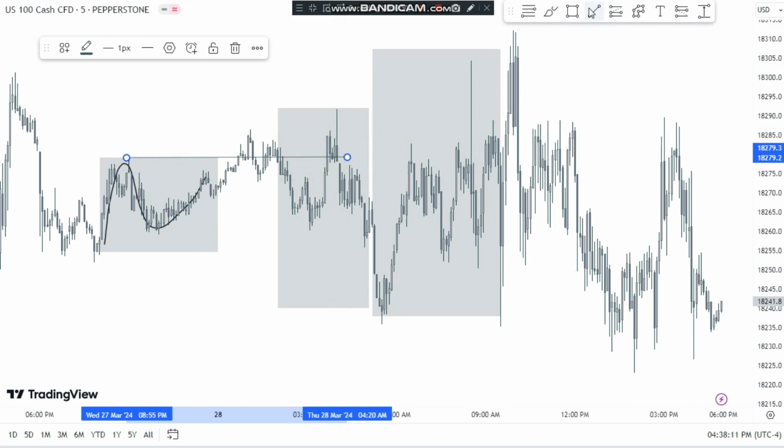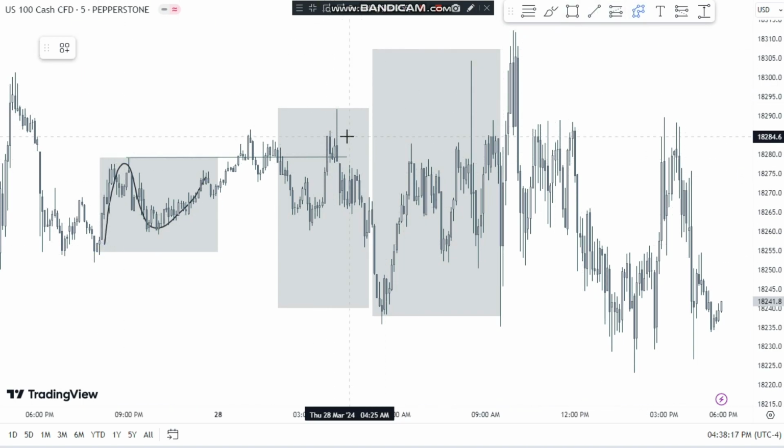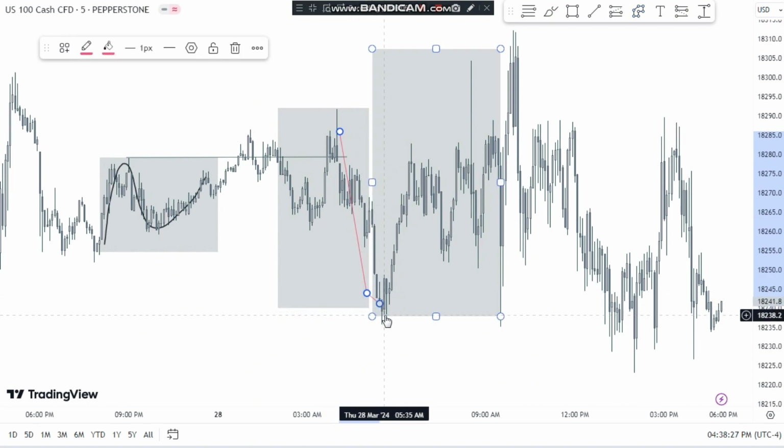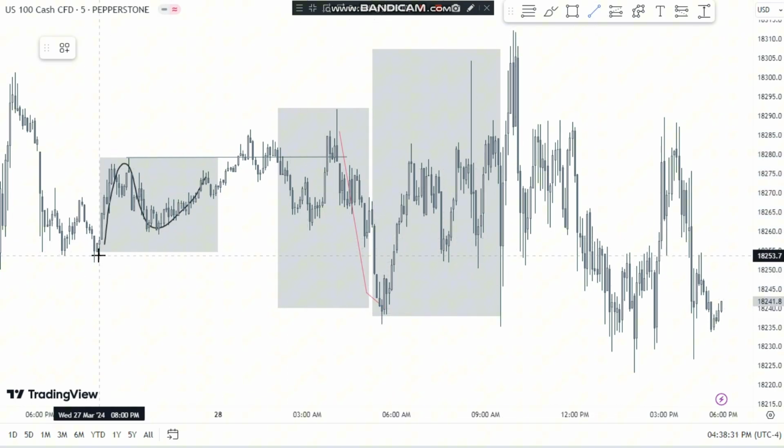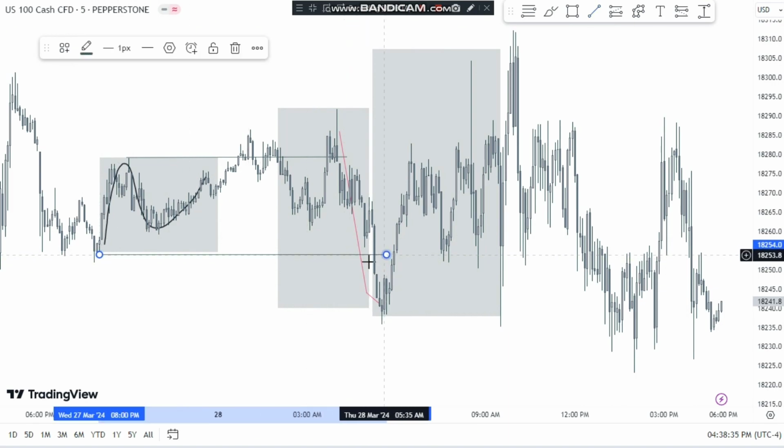So once the price sweeps either the highs or the lows, in this case the price swept the high, then the next thing you have to do is wait for the price to sweep the lows of the Asian kill zone. You can see that the price came down, and just about 5 a.m., at 5:30, we got the sweep of the Asian kill zone lows. This was the low of the Asian kill zone. Okay, and we got that.